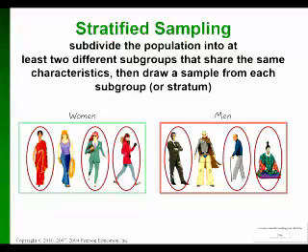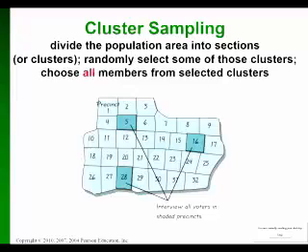Cluster is different. In cluster, the population is also divided into groups, but then instead of taking some from every group, I'm just going to pick 3 groups and interview everybody in those 3 groups. For example, the state of Texas has 32 voting precincts.